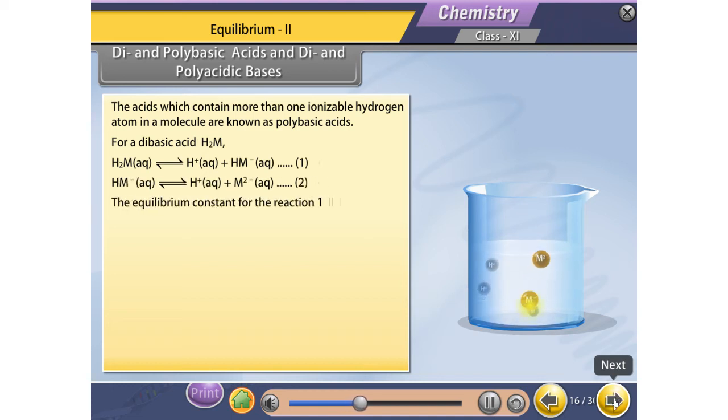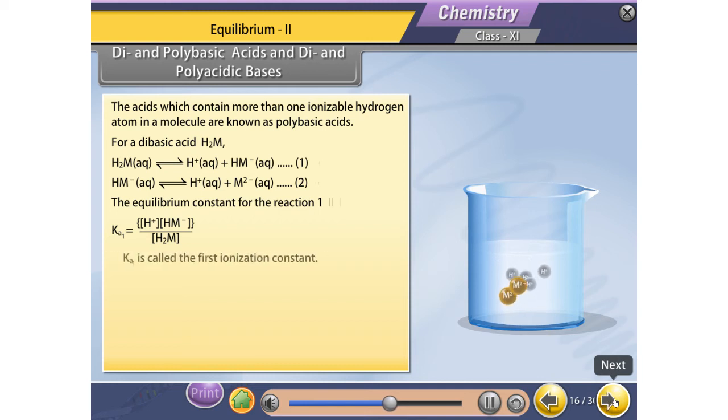The equilibrium constant for reaction 1, Ka1, equals [H+][HM-] by [H2M]. Ka1 is called the first ionization constant.